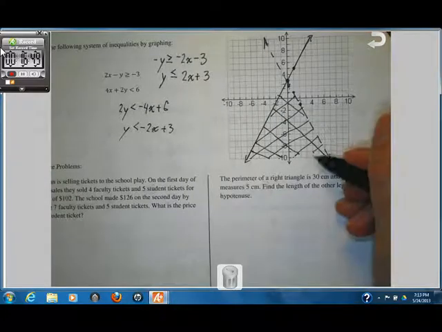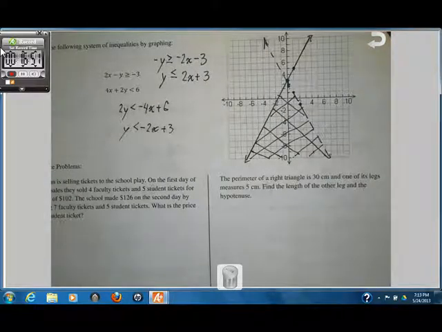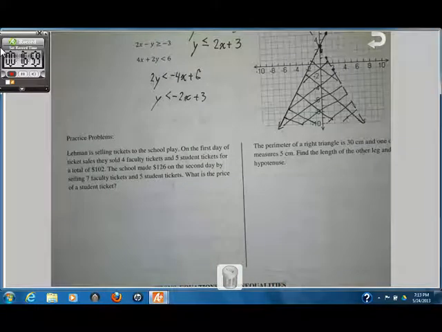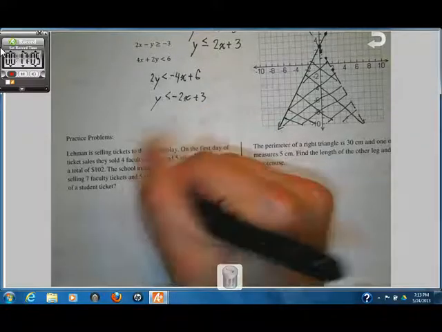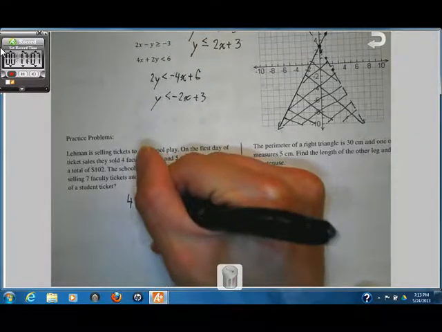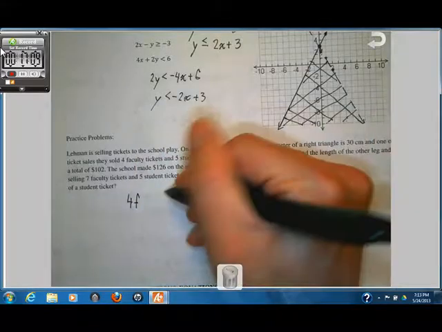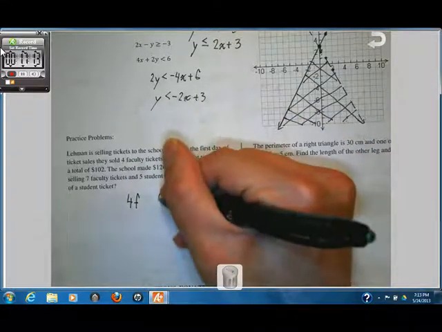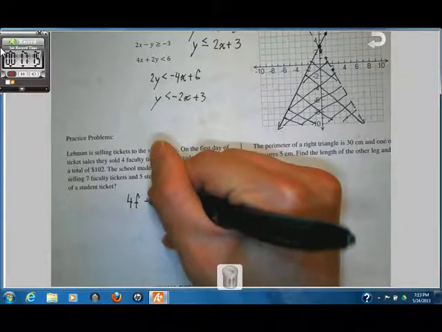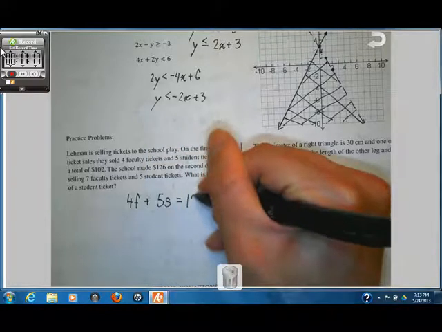Day 2, 7F plus 5S is equal to 126. Right? In this case, I'm going to just say that F is, and so it's asking for S, but that's okay. We can solve this by elimination.